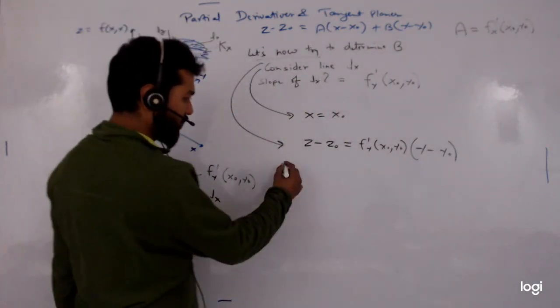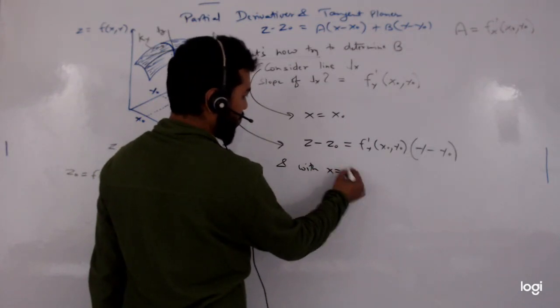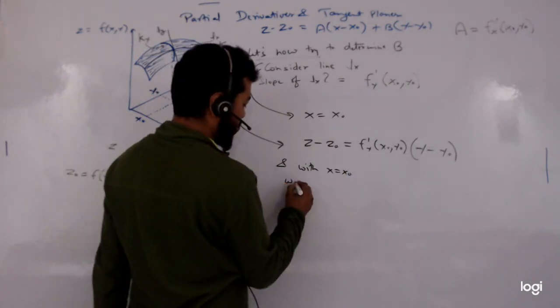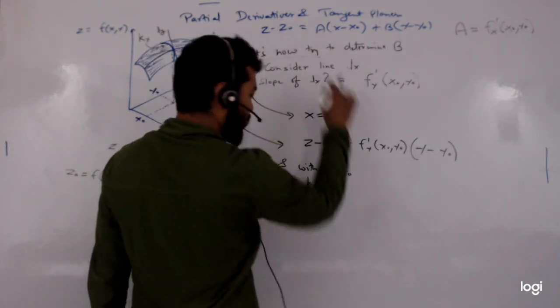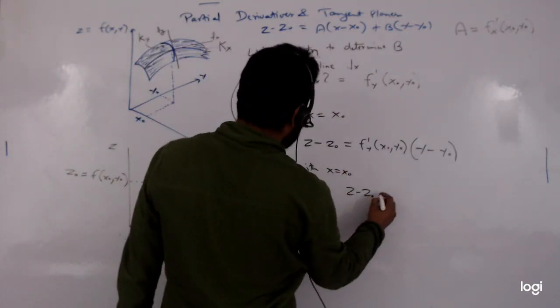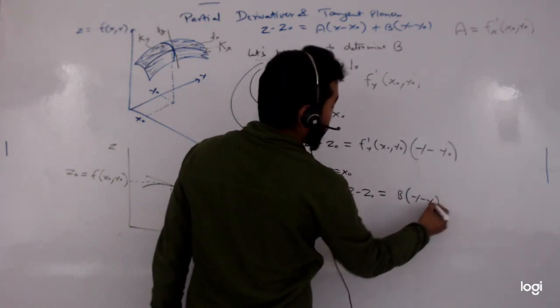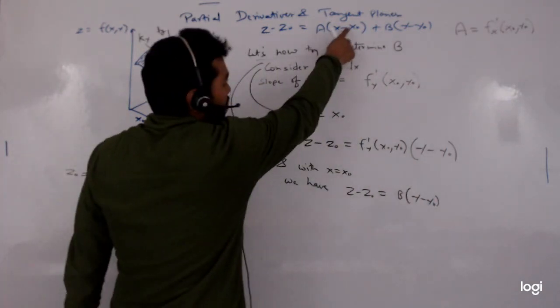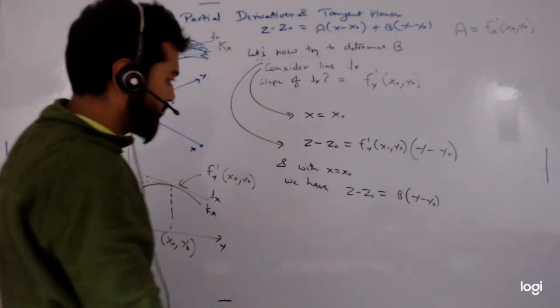And with x equal to x naught, this equation reduces to z minus z naught is equal to b times y minus y naught, because if x is equal to x naught, this becomes 0, a disappears, and this is what is left.